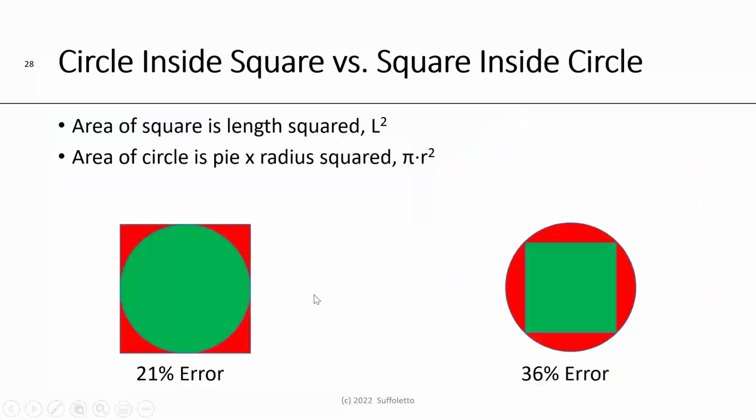Color space in LAB is rectangular or square, but delta E is a sphere or circular. Then there are going to be portions where you have error, and this is a circle instead of a square, 21% error in the red. If you flip-flop it and try to put the square inside the circle, now you have 36% error in the red portion.